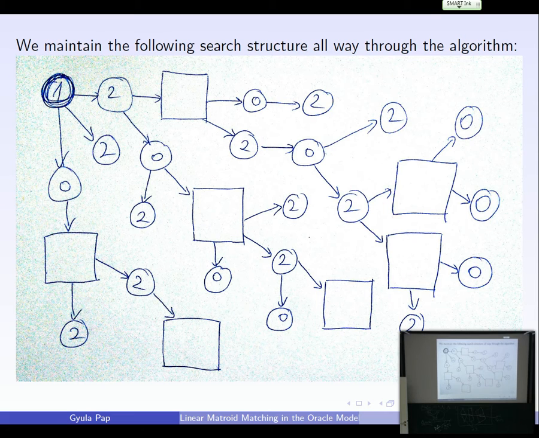So, okay, we get this kind of structure, just multiple of these arborescences, each element with a 1 is the root of another arborescence.